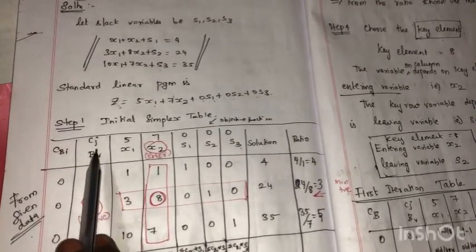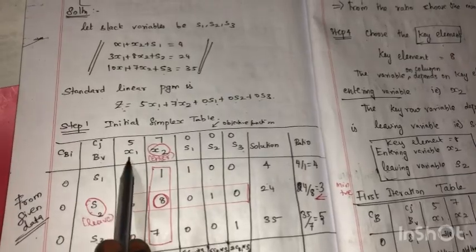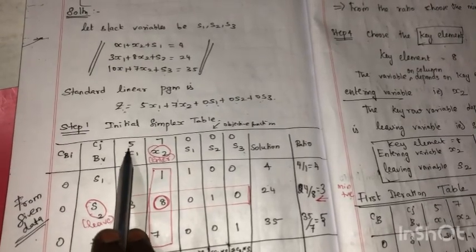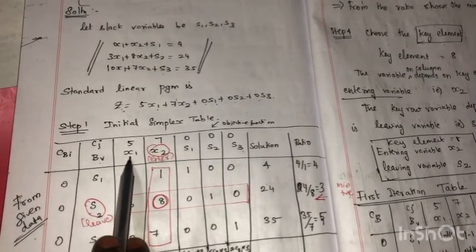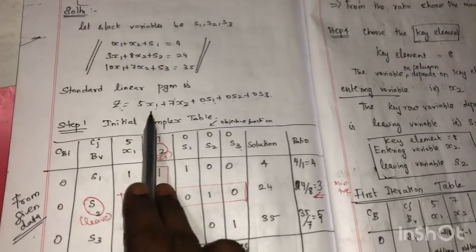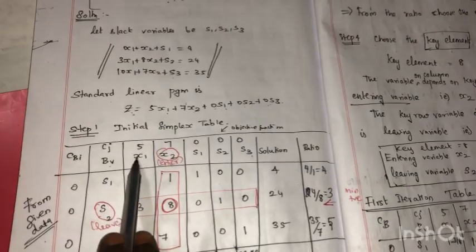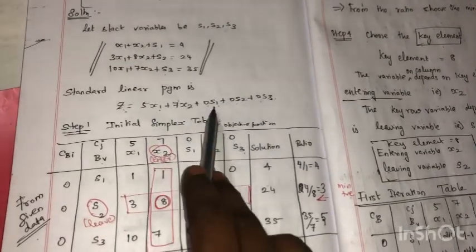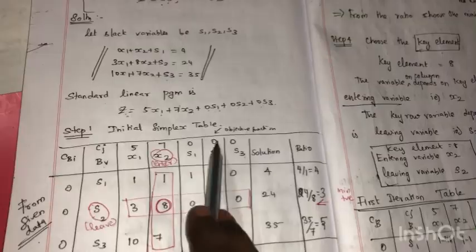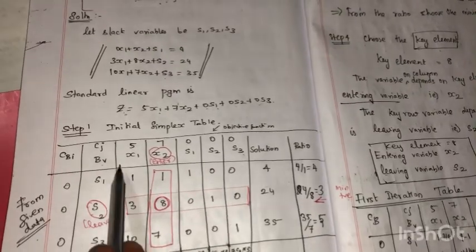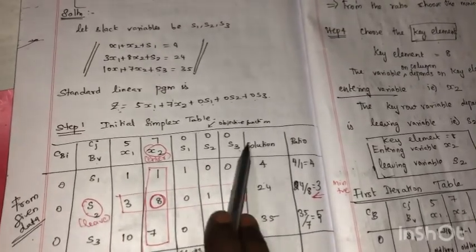The CJ values are nothing but the coefficients along with the variables from the standard linear equation: 5x1, 7x2, 0s1, 0s2 and 0s3. This is the general objective equation we are given.